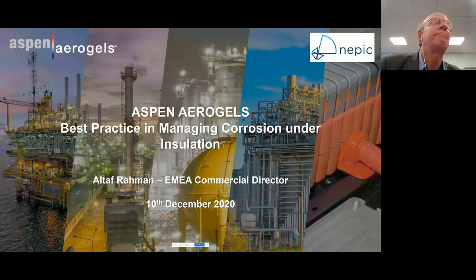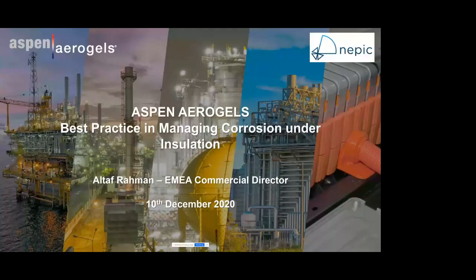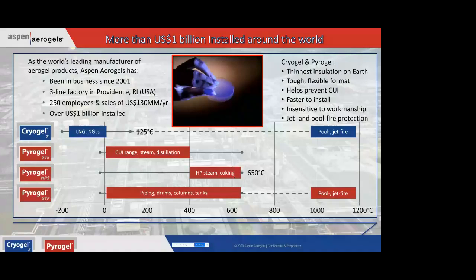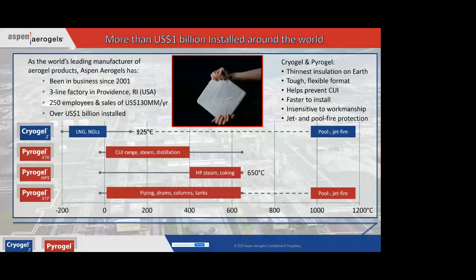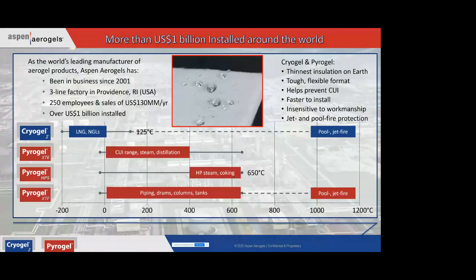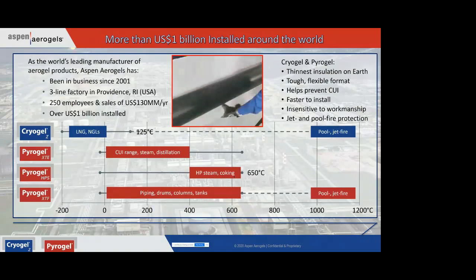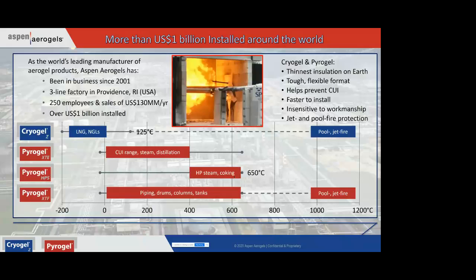Thanks for that. I'm going to talk a little bit about corrosion under insulation. And let me quickly start with giving you a quick overview of Aspen Aerogel. We're an insulation company, and our products are really focused on the technology of aerogel, and all our insulation products are designed with this core DNA, basically based on aerogel technology.